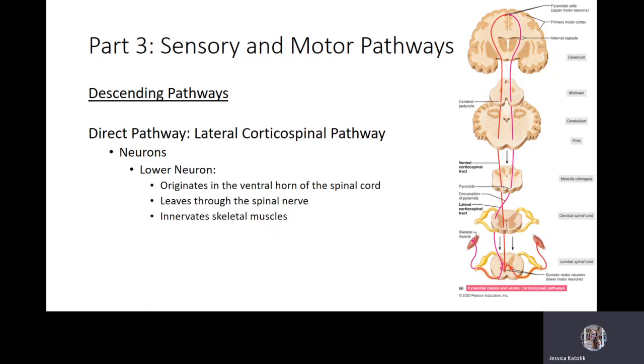And so that's where that lower motor neuron will begin. It will leave the spinal cord and travel through spinal nerves to eventually get to skeletal muscles. It will innervate those skeletal muscles and initiate voluntary movement. So it starts at the ventral horn of the spinal cord and innervates skeletal muscles.